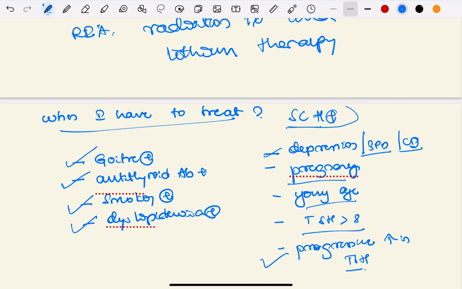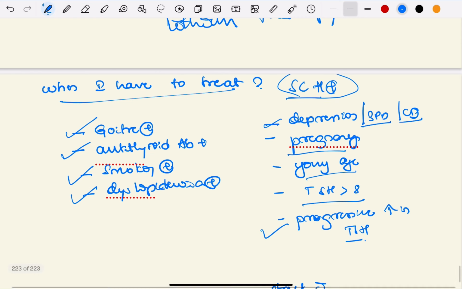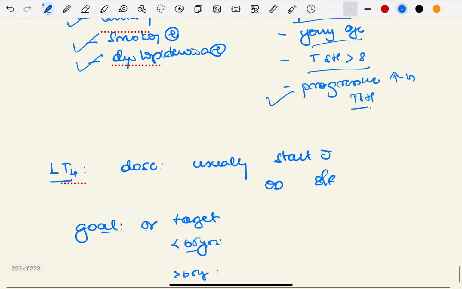So what is the dose of LT4? The dose depends on whether the patient is symptomatic or not, and the age of the patient. The goal also depends upon the age of the patient. We usually start with a low dose, that is 25 to 50 micrograms OD before breakfast every day.